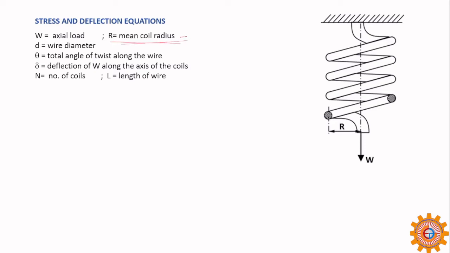This is the mean coil radius, that is d by 2. This is the wire diameter, this is the angle of twist along the wire, and this is the deflection of W along the axis of the coils. This is the number of coils. This is the length of the wire, equal to 2 pi r times n. Keep that in mind.